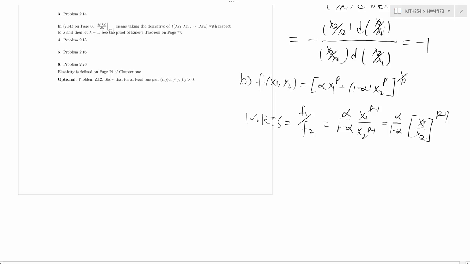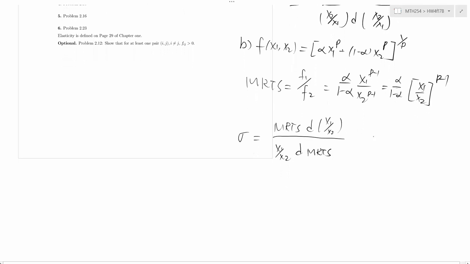Because it's this structure x1 over x2, it reminds us to use the formula for sigma. It's MRTS and then d of x1 over x2. And here we have x1 over x2 and d MRTS. Okay. Remember, d means differential. So now we put it inside.